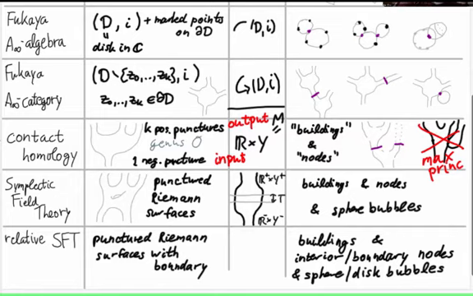All right, so you might think that this is the most general thing to look at, but in fact we have no boundary at all here. So relative SFT is maybe not really a theory that completely exists. It certainly doesn't exist in this full generality where I would now take punctured Riemann surfaces with boundary.